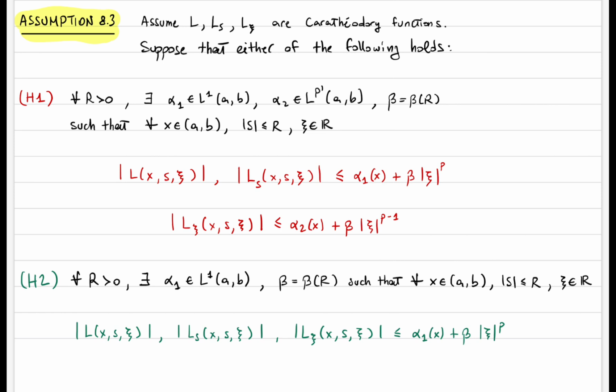So assume that L, L_s, and L_xi are Carathéodory functions. So this means that L is Carathéodory, it is differentiable with respect to s and differentiable with respect to xi in the classical sense. And we're requiring that these two functions, L_s, which is defined from (a,b) times R into R, and same for L_xi, are also Carathéodory functions.